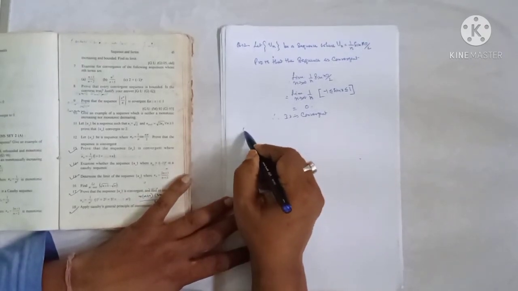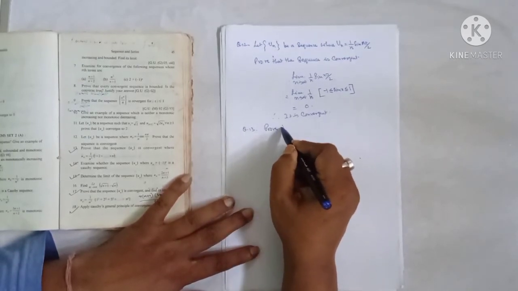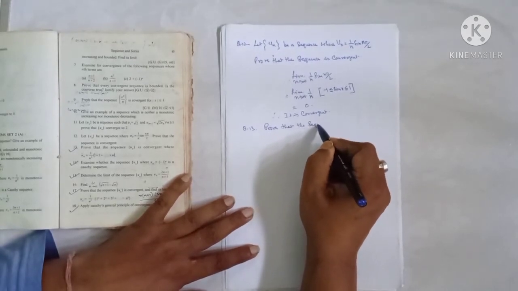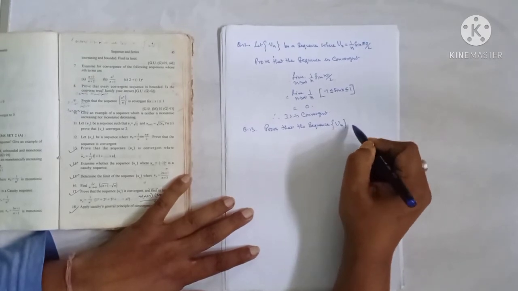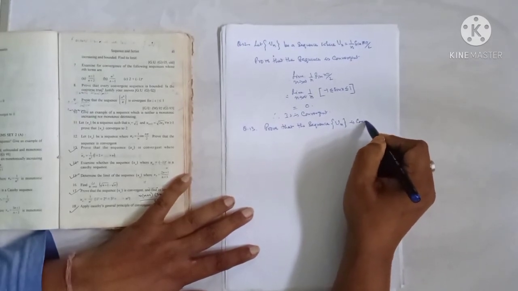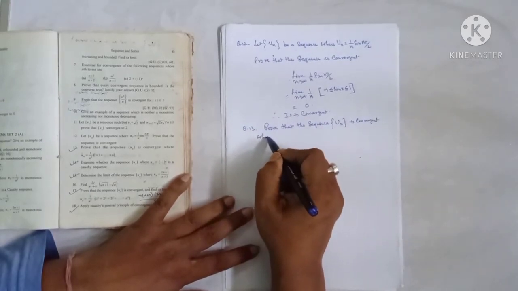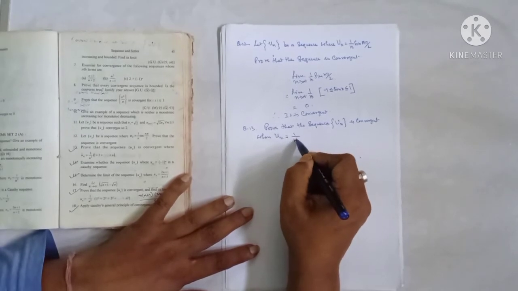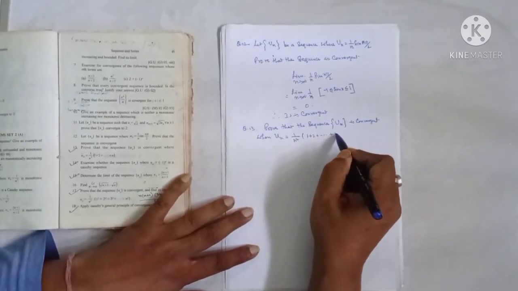Now question number 13. Prove that the sequence un is convergent, where un is equal to 1 by n square times 1 plus 2 plus ... plus n.